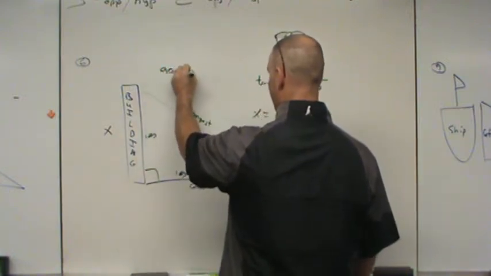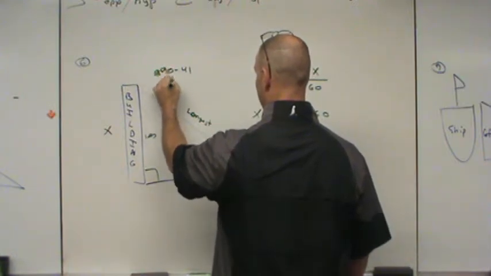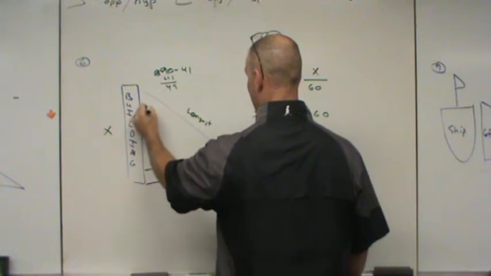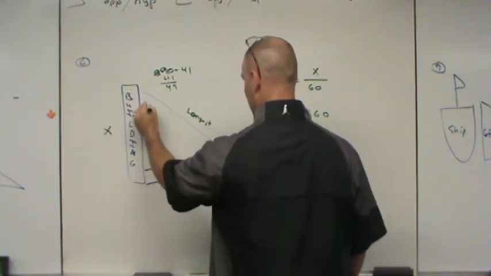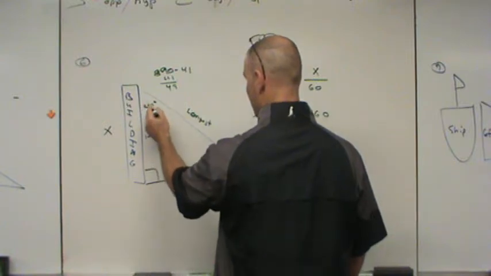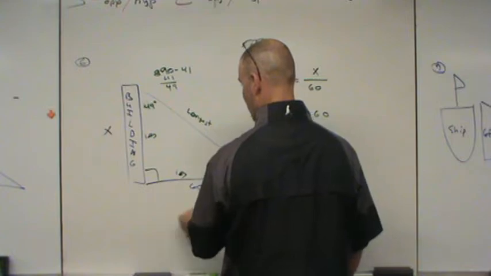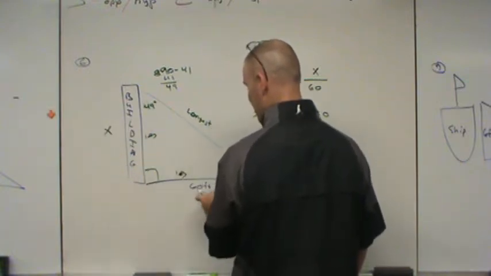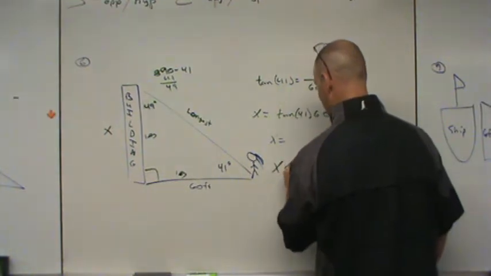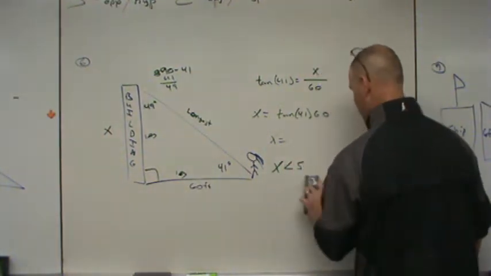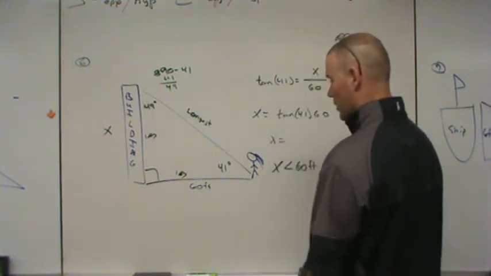So 90 minus 41. What is 90 minus 41? 49 degrees, right? If this angle is 49 degrees, that means this leg is longer than this one. So your answer should be less than what? X should be less than 60 feet, sorry.